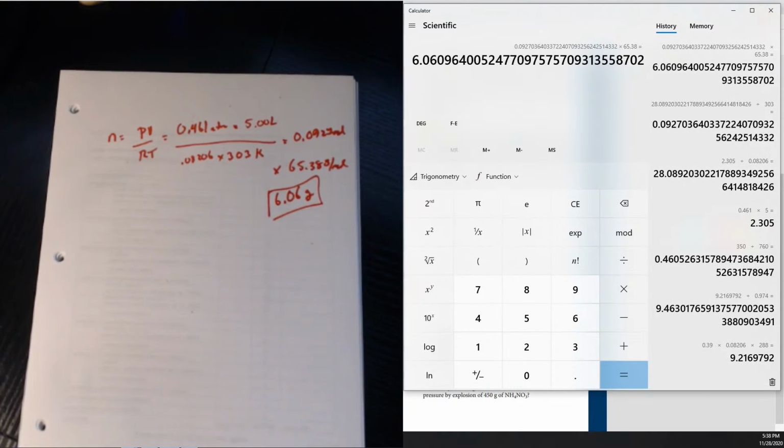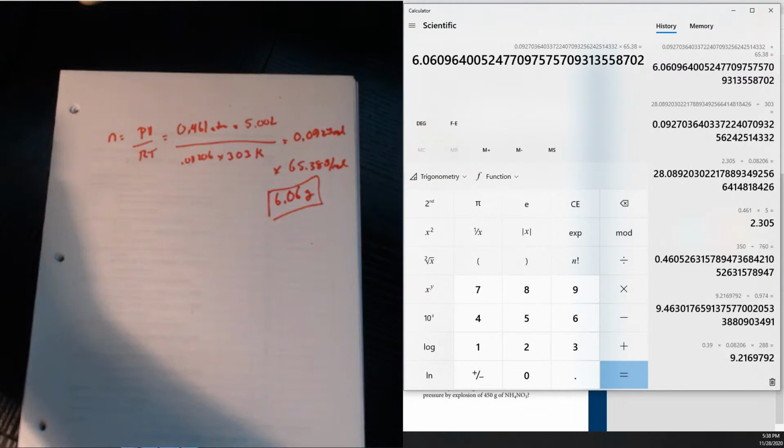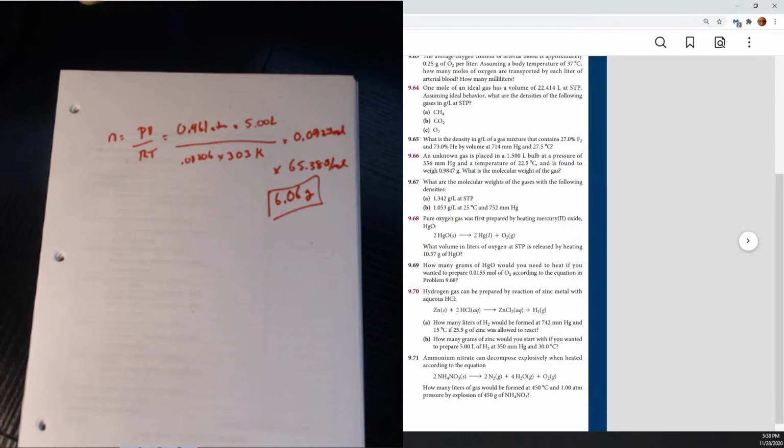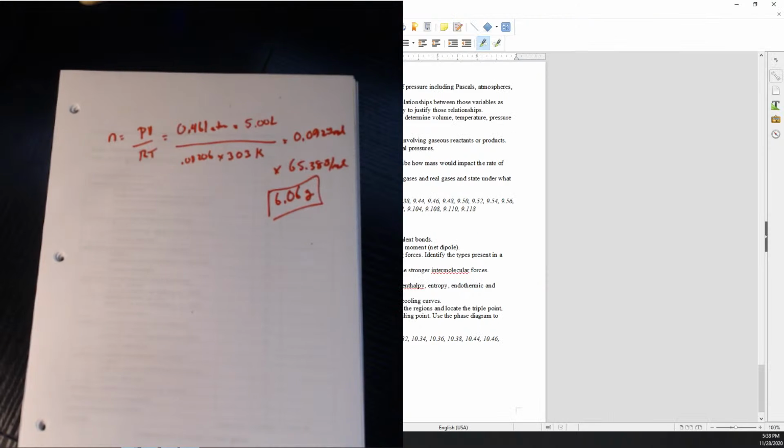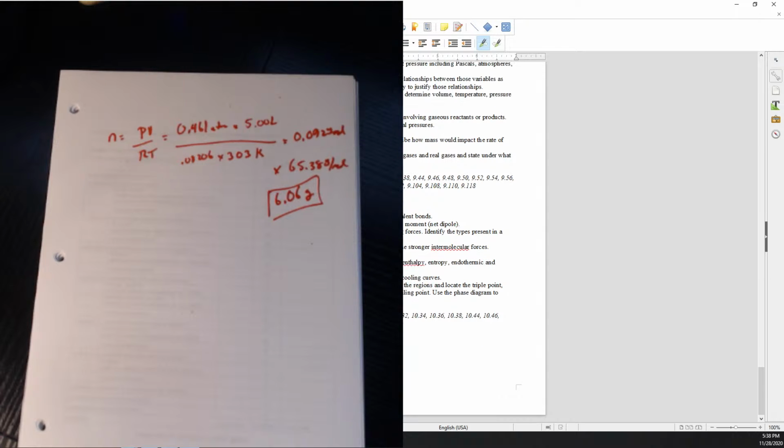So just regular stoich. It's just another way to go back and forth between moles. That was 68 and 70. All right, now 80 through 86.